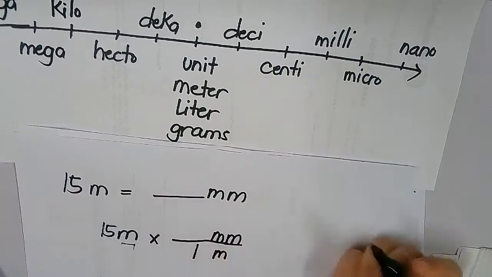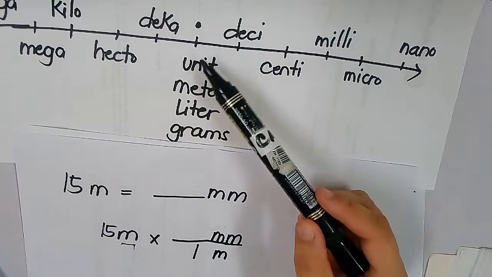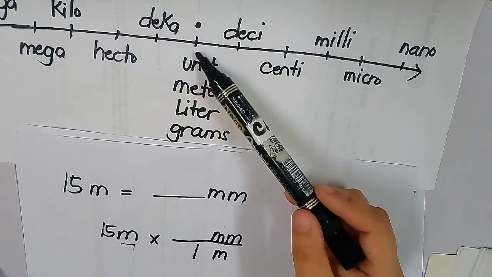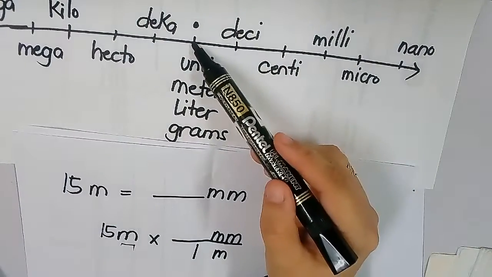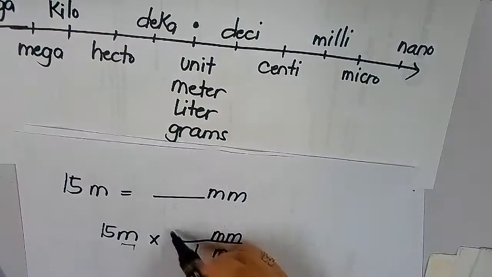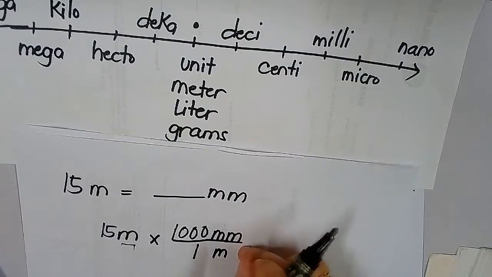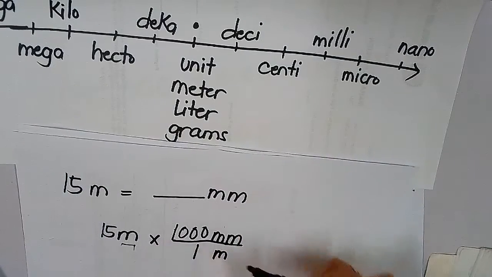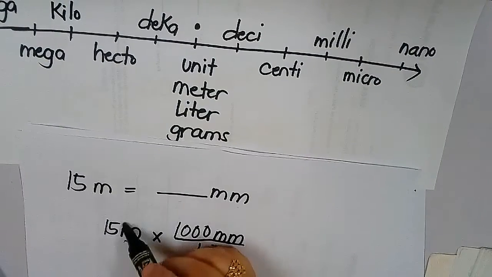So, that is the 1. Now, we have to get how many zeros are to be added to get to milli. So, let's count: 1, 2, 3. So, three also. There are 1,000 millimeters in 1 meter. Now, let's cancel this because meter divided by meter is 1.